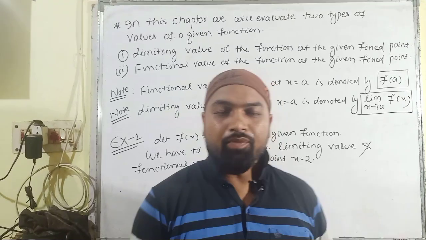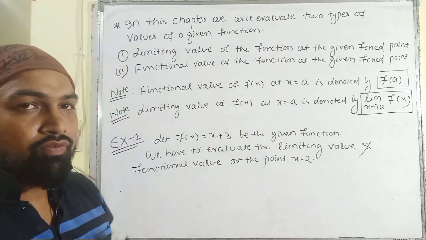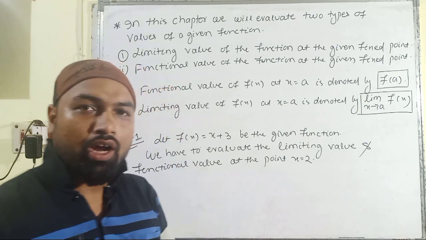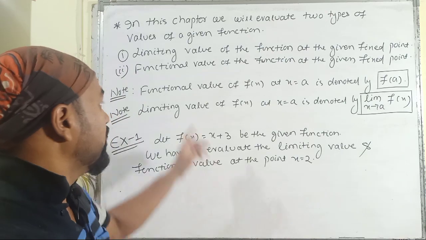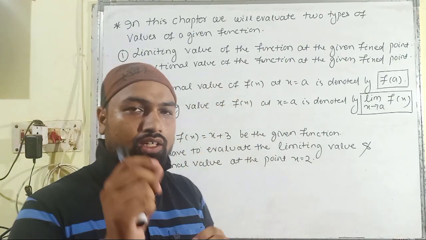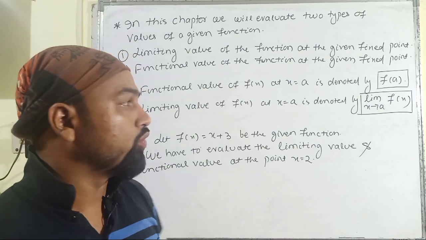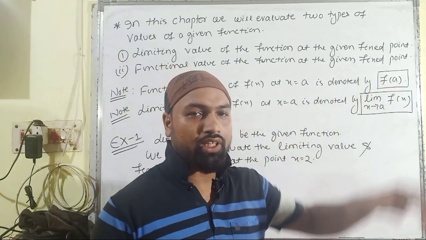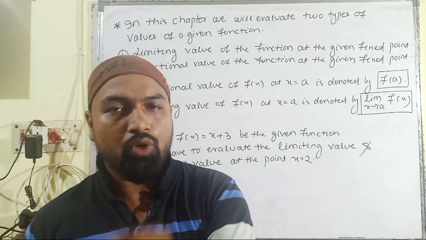In this topic limit, we will evaluate two types of values of a given function. The first one is the functional value at a given point and the second one is the limiting value at a given point. The functional value of f of x at the particular point x is equal to a is denoted by f of a. That means we have to directly substitute the value of a in place of x.